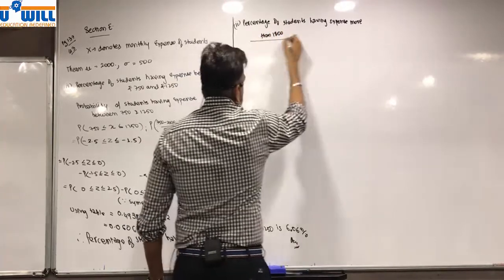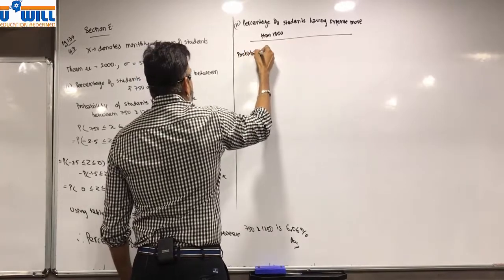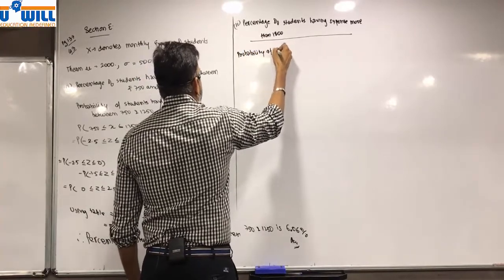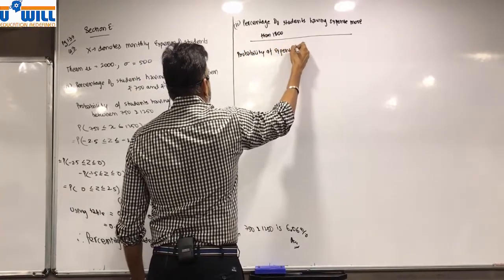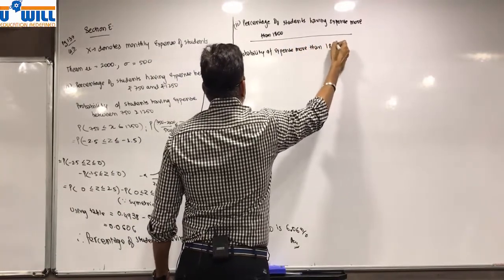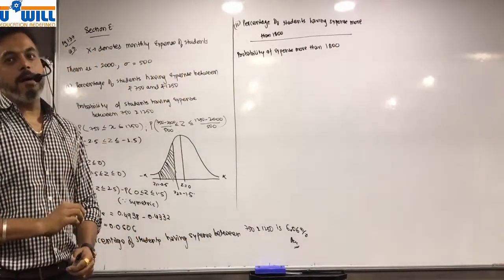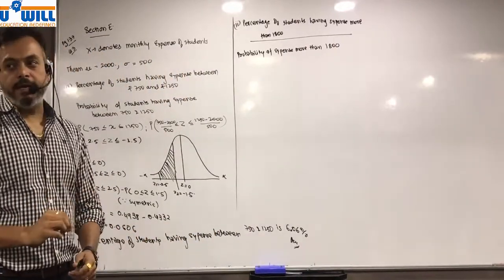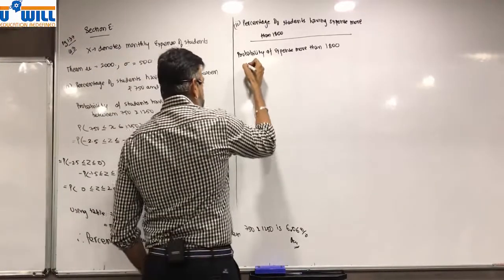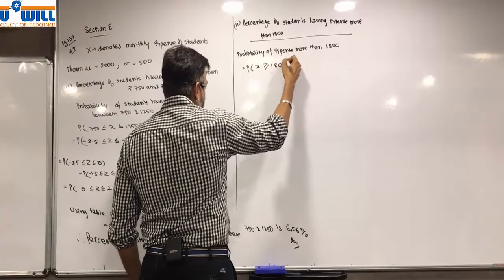So first we find the probability of expense more than 1800, which is equal to probability of x greater than equal to 1800.